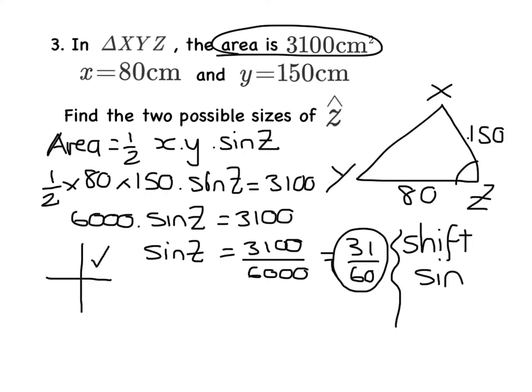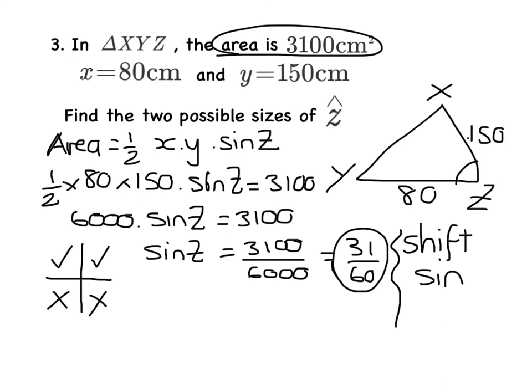Now, in this section, when you're looking at a triangle, it's possible to have either an acute angle, in other words, quad 1 between 0 and 90, or an obtuse angle, that's quad 2 between 90 and 180, within a triangle. Obviously, we can never have angles in quad 3 or quad 4 in a triangle, because a triangle can't have an angle bigger than 180.